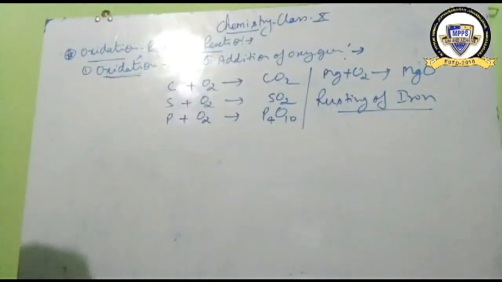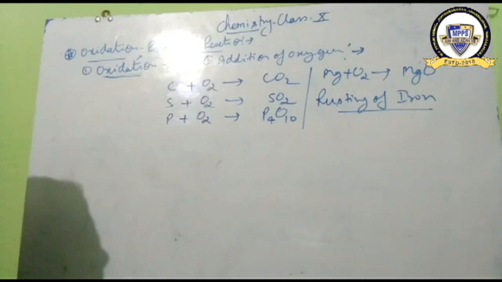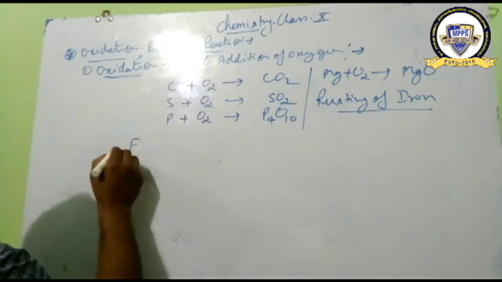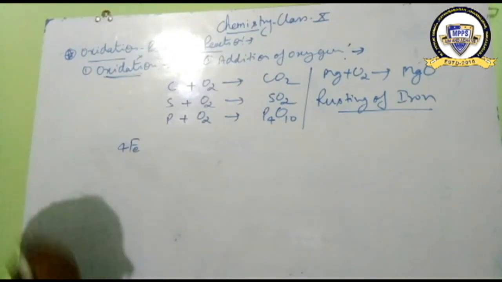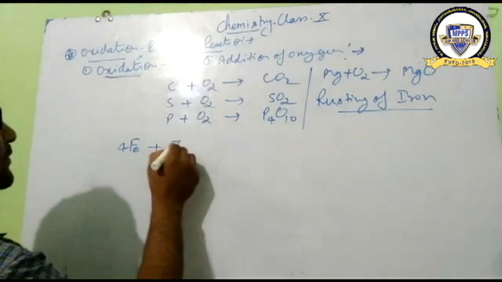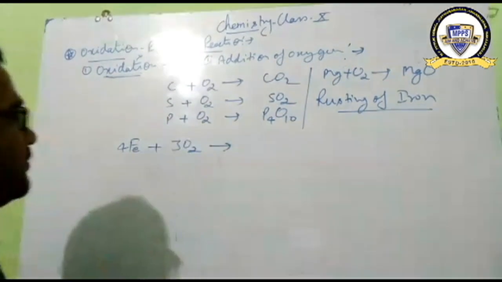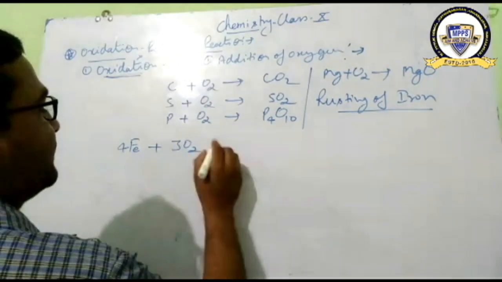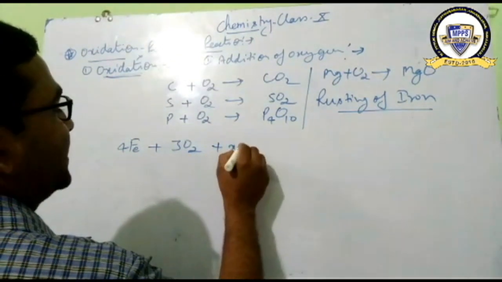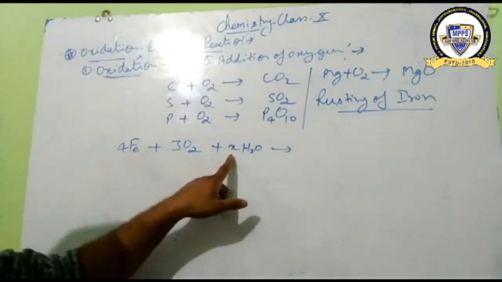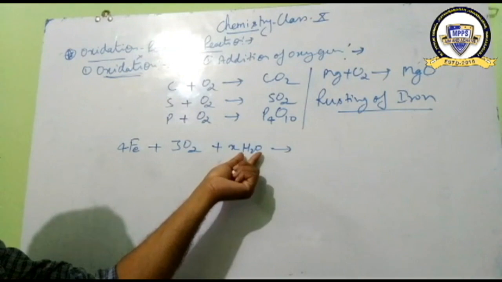Whenever rusting of iron takes place, iron comes in contact with oxygen in the presence of some amount of water vapor.